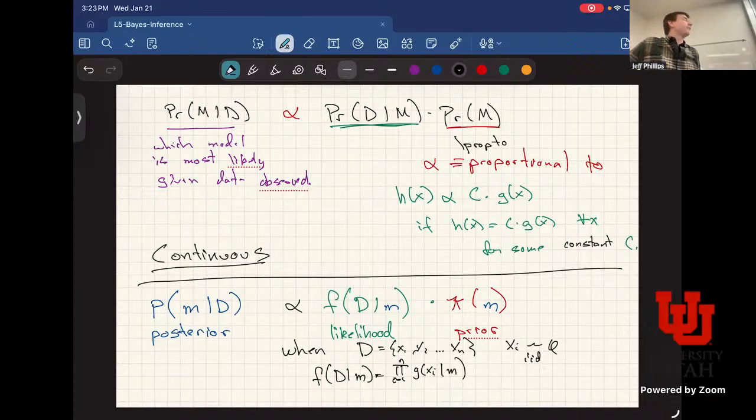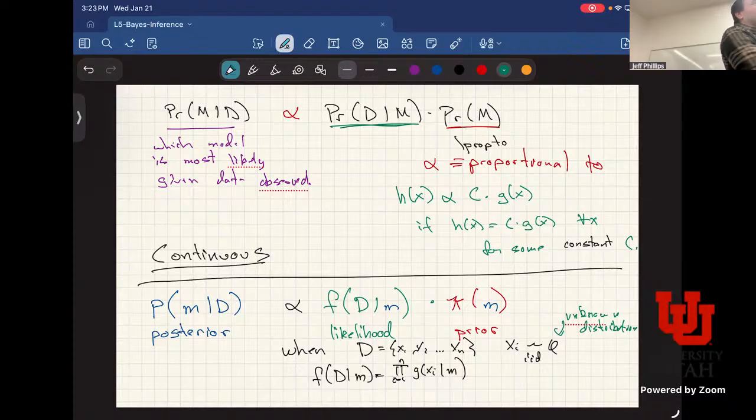There's some distribution. This is an unknown distribution. And I've written a psi to represent it.